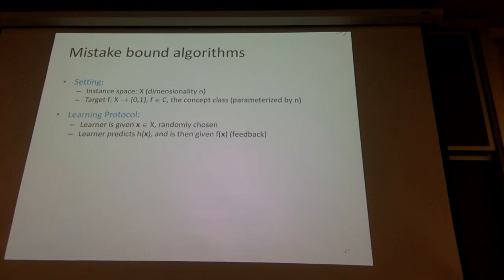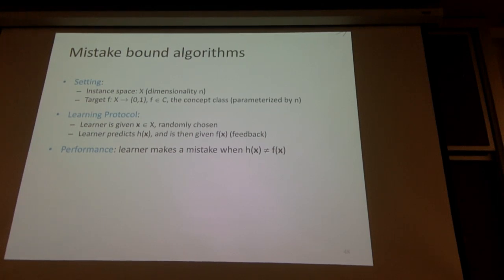The prediction uses some hypothesis that the learner has: it makes a prediction, h of x. After having made the prediction, the true label to that example is revealed. And now the learner has one more labeled example and it can choose to somehow correct itself. That's the general essence of all online learning games.